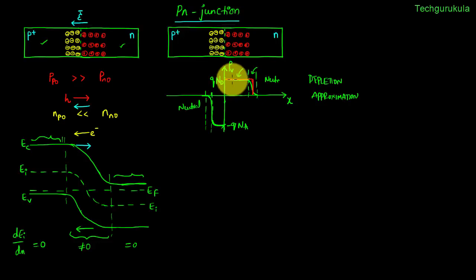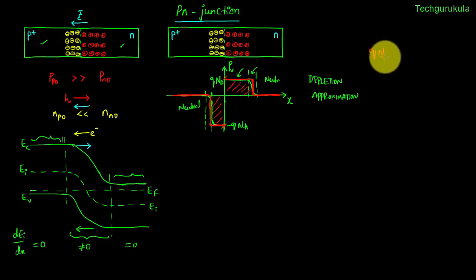We would follow this depletion approximation throughout this course. The total positive charge that we have here should be equal to the total negative charge here, because before forming the PN junction, both the P material and N material were charge neutral. So when we combine them, the overall PN junction should be charge neutral.